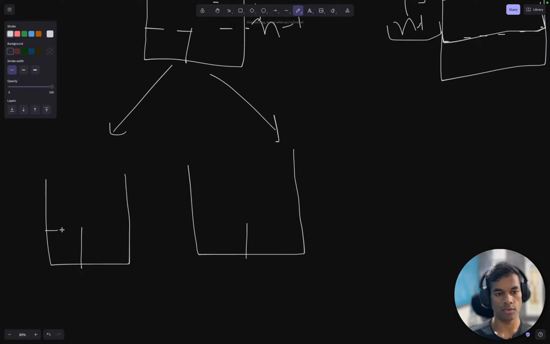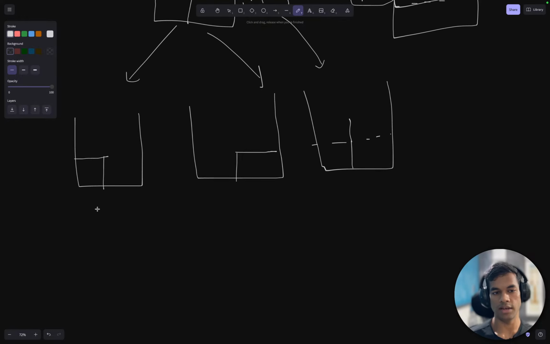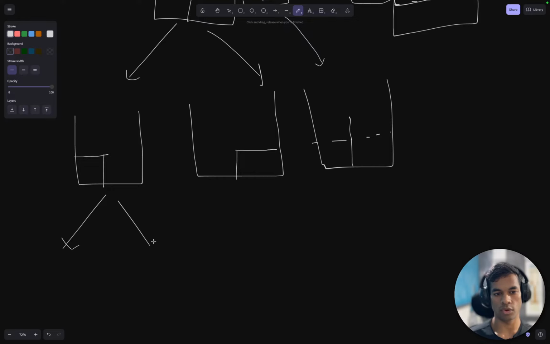So either we do this, or we do this, or the third choice would be we go with this. And this thing is an exact instance of this thing. And this is just leading up into more choices.